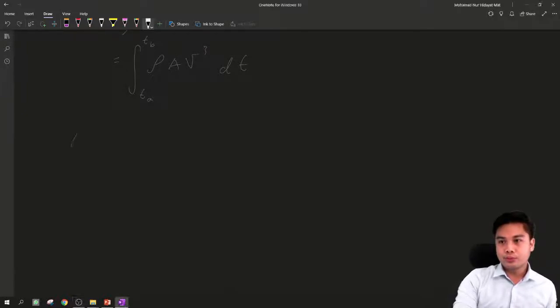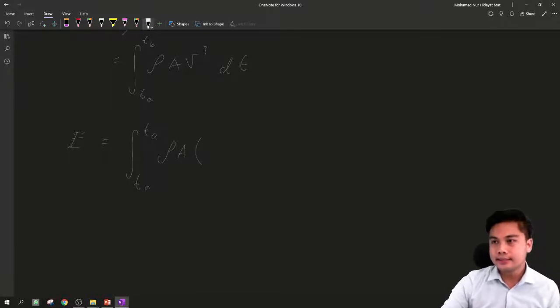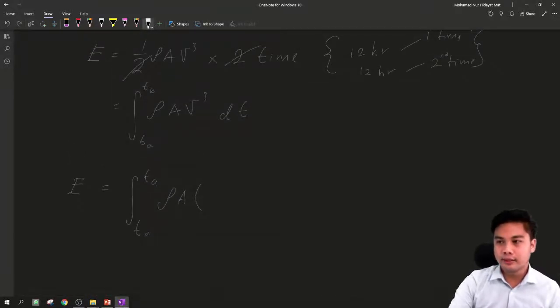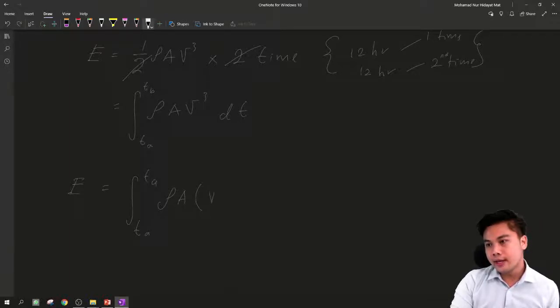Here we need to replace the integration from TA to TB with rho A. Velocity is given, we shall replace with the velocity pattern, V equal to Vm sine pi t over 24, to the power of 3 dt.